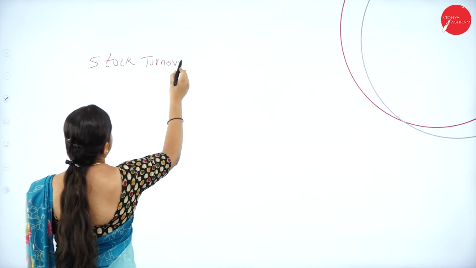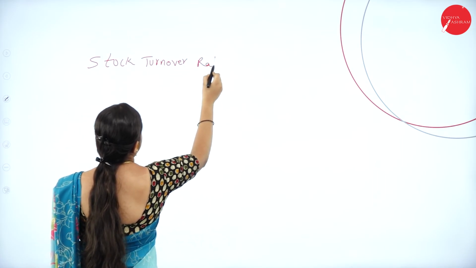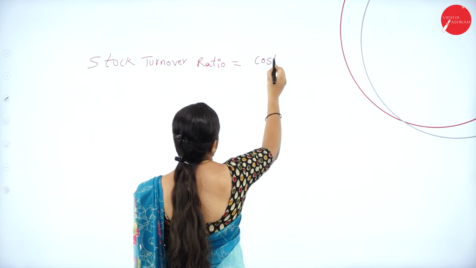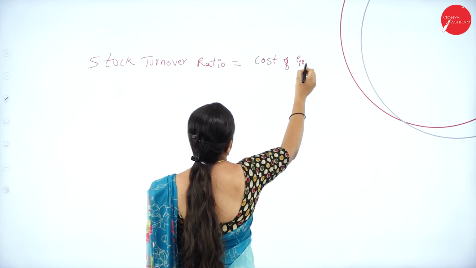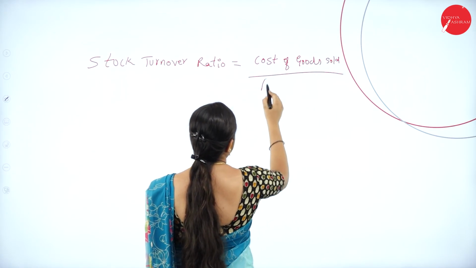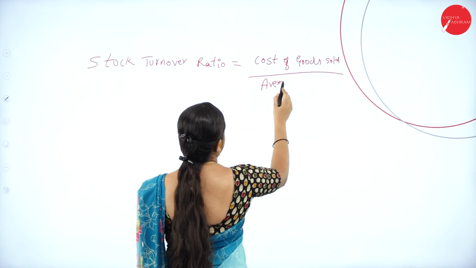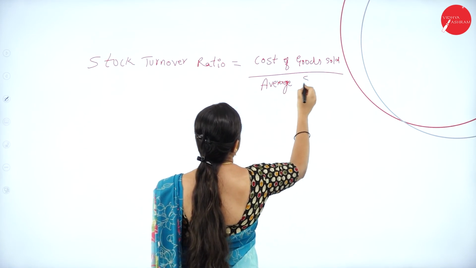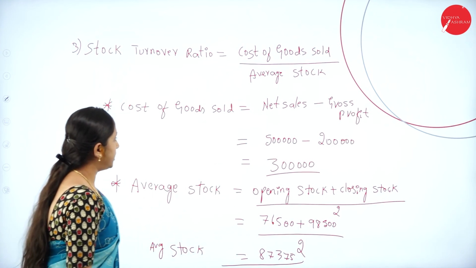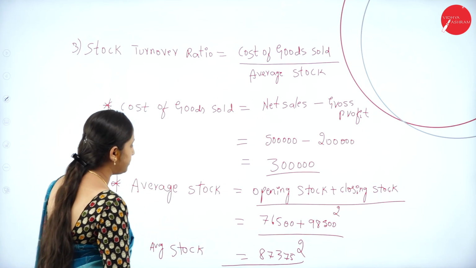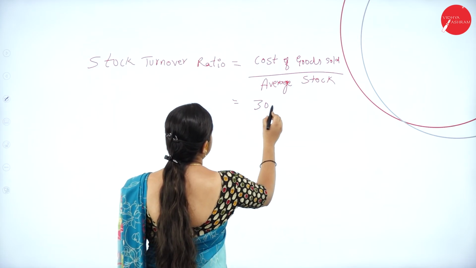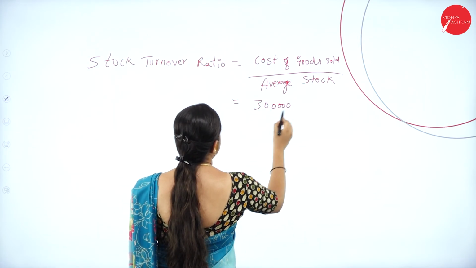So now calculate stock turnover ratio. Stock turnover ratio is equals to cost of goods sold by average stock. Cost of goods sold is 3 lakh. 3 lakh divided by 87,375.